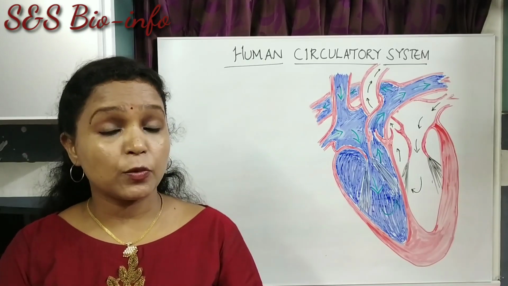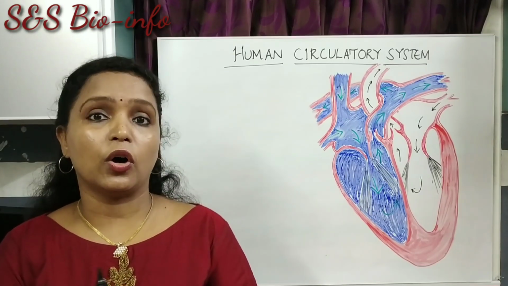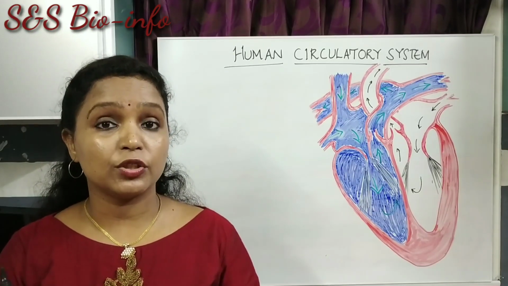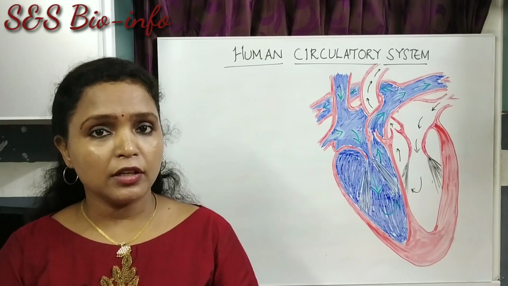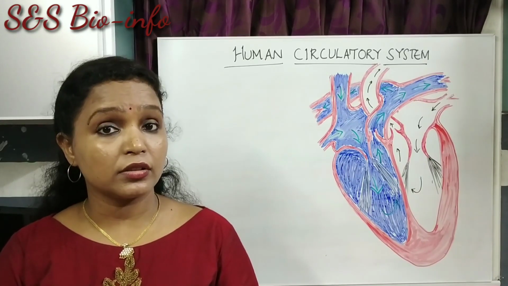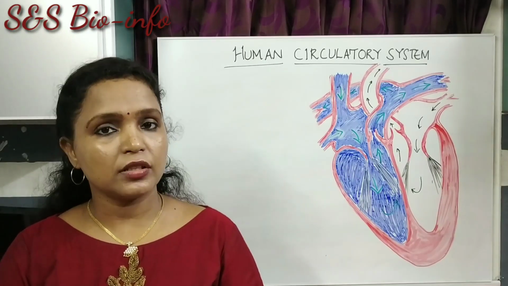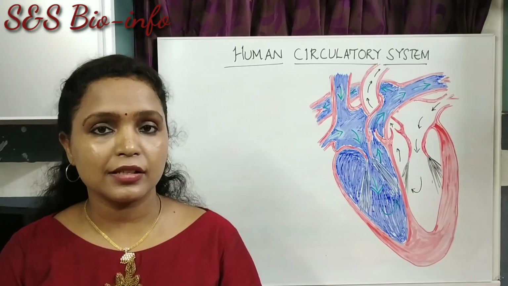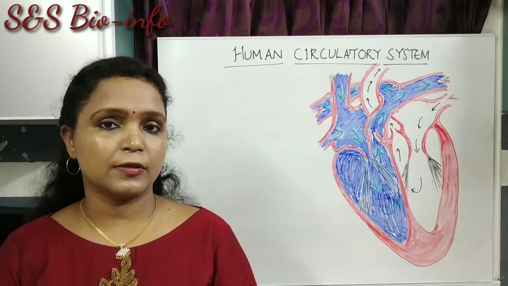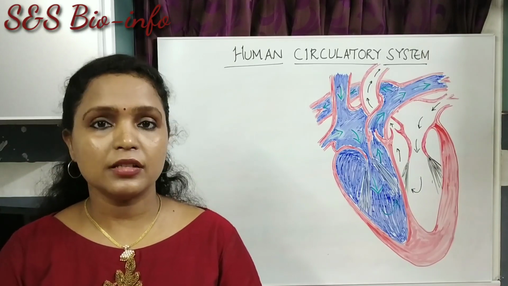Blood is transported through blood vessels, and we need a specific pumping organ to pump this blood to different parts of the body. The cell needs not only oxygen but also nutrients, hormones, salts, proteins and other substances for its activities. These are fulfilled by the circulatory system.